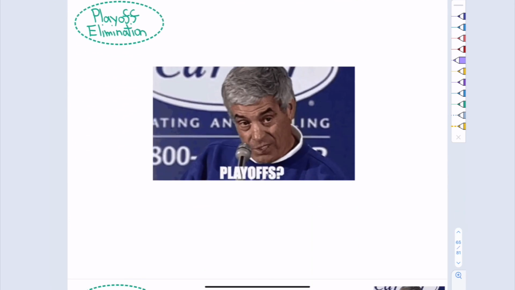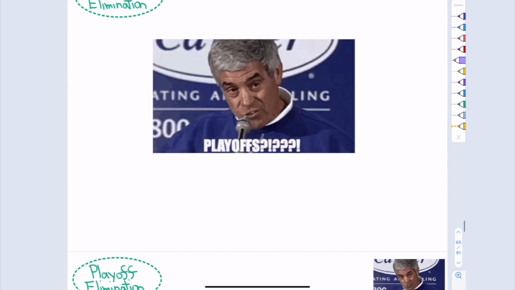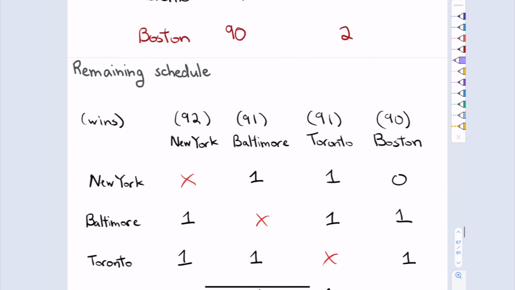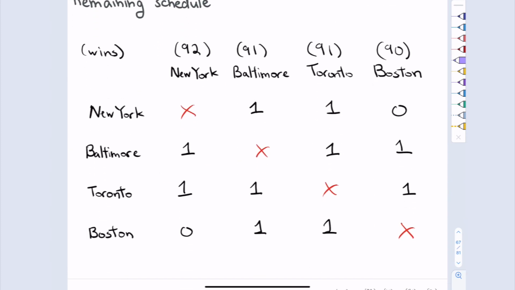All right, playoff elimination. You want to know if the Red Sox can still make it. And the real input is something that looks like this: how many games are left between every team?